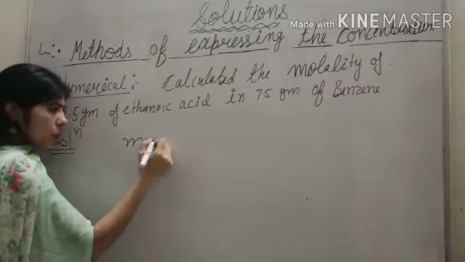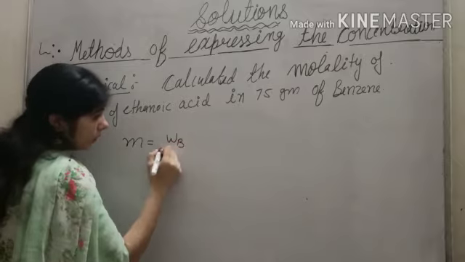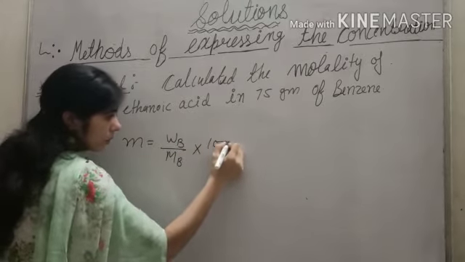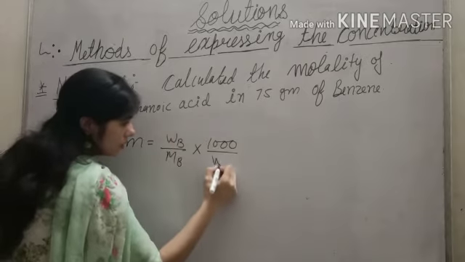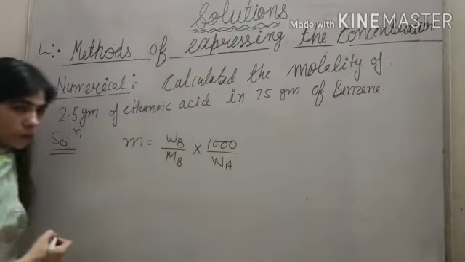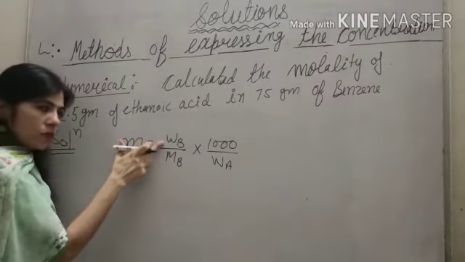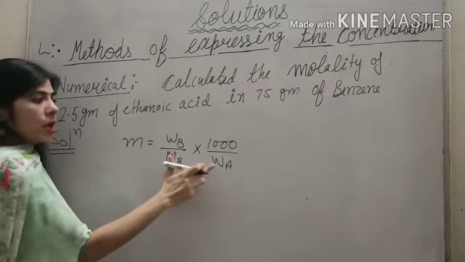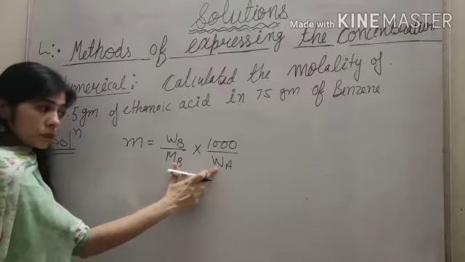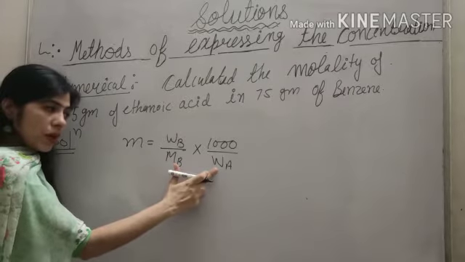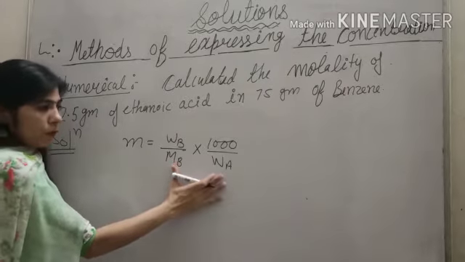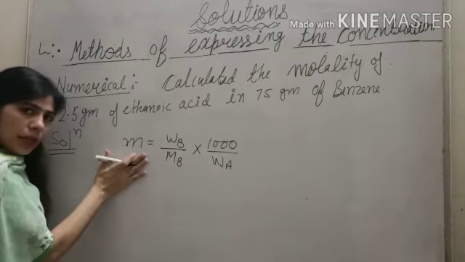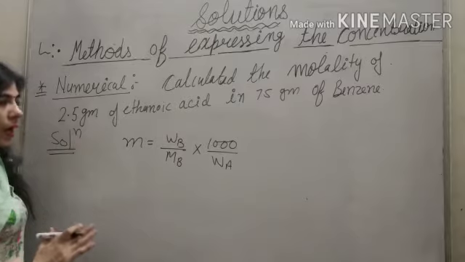Molality is equal to WB by MB into 1000 divided by WA, in which WB is the given mass of the solute and MB is the molecular mass of the solute and WA is the given mass of the solvent. If all these values are known to us, then we can easily calculate the molality.